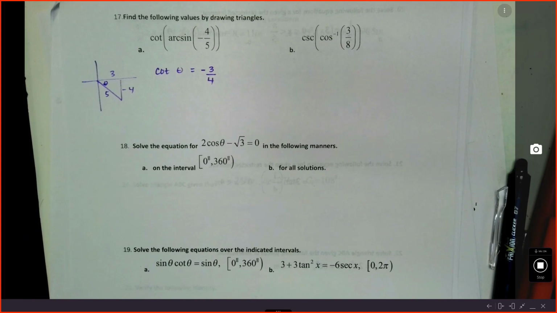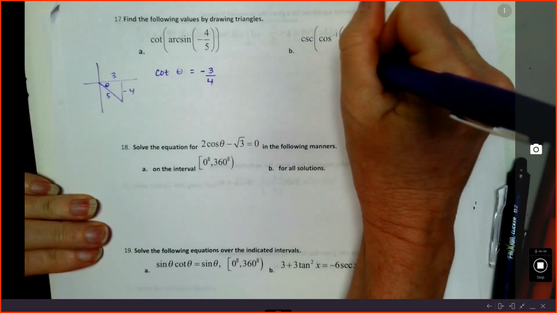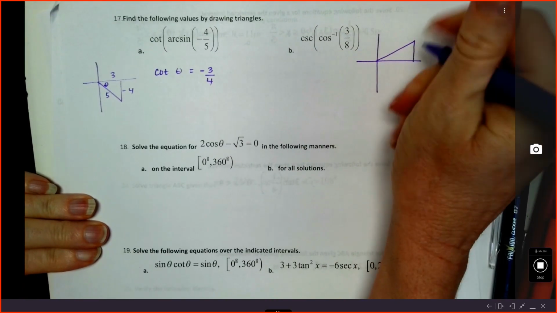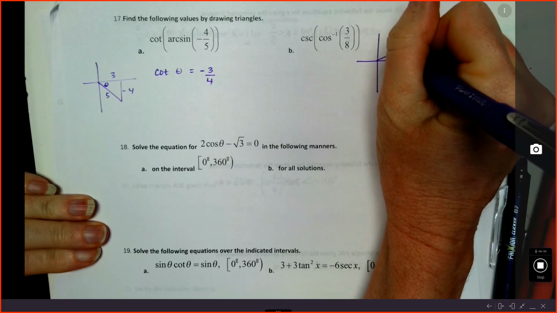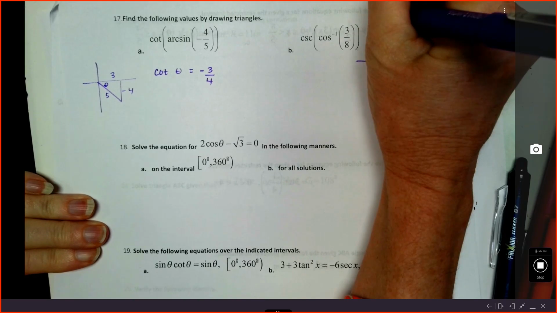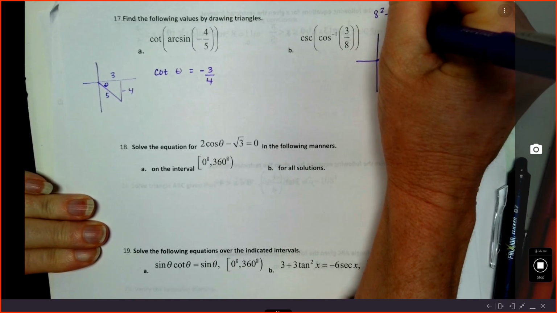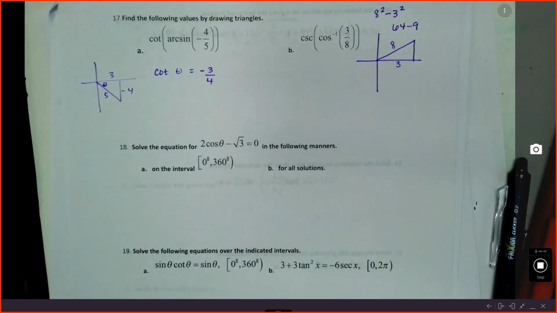Cosine. So the next one, cosine's quadrant 1 and 2. So we're in quadrant 1. And so it's adjacent over hypotenuse. Square root of 53, maybe. Oh, wait, square root of 54.